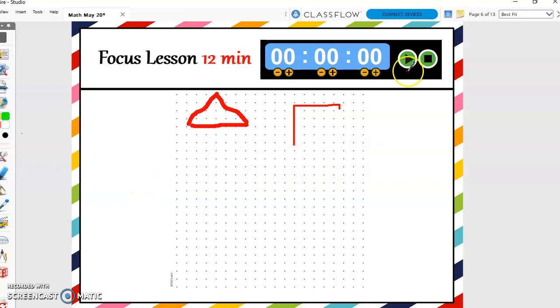Okay, so I really wanted to stop right there. When you're drawing a square, remember that all four sides are the same length. So you can easily count the dots and make your square because all sides are the same length. Okay, and then we could draw a rectangle.